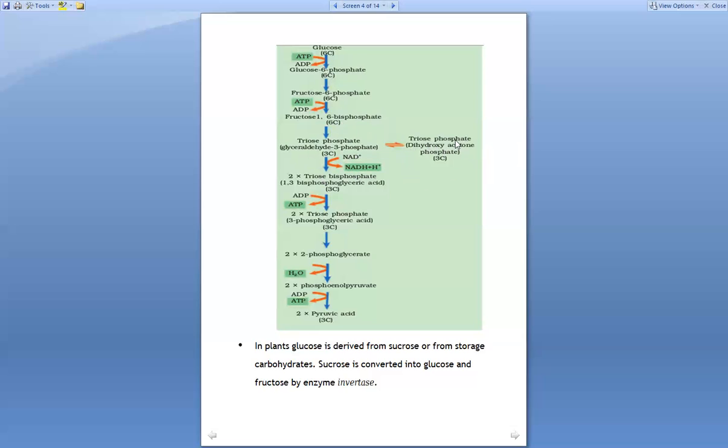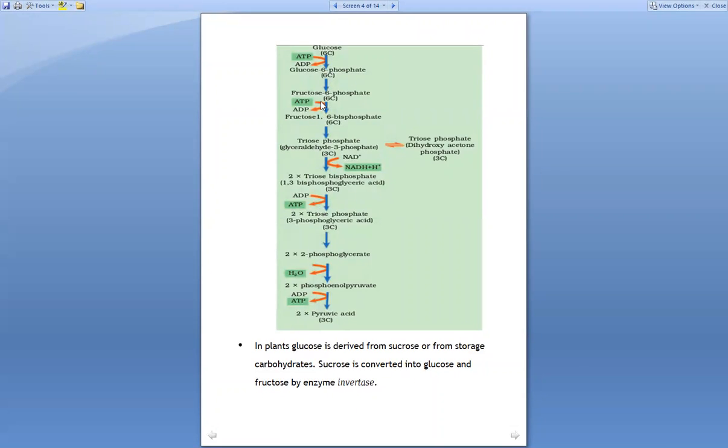Now this triose phosphate, the dihydroxyacetone phosphate, where I'm showing the cursor, this orange colored reaction shows a reversible reaction. That means DHAP has the ability to form glyceraldehyde 3-phosphate.